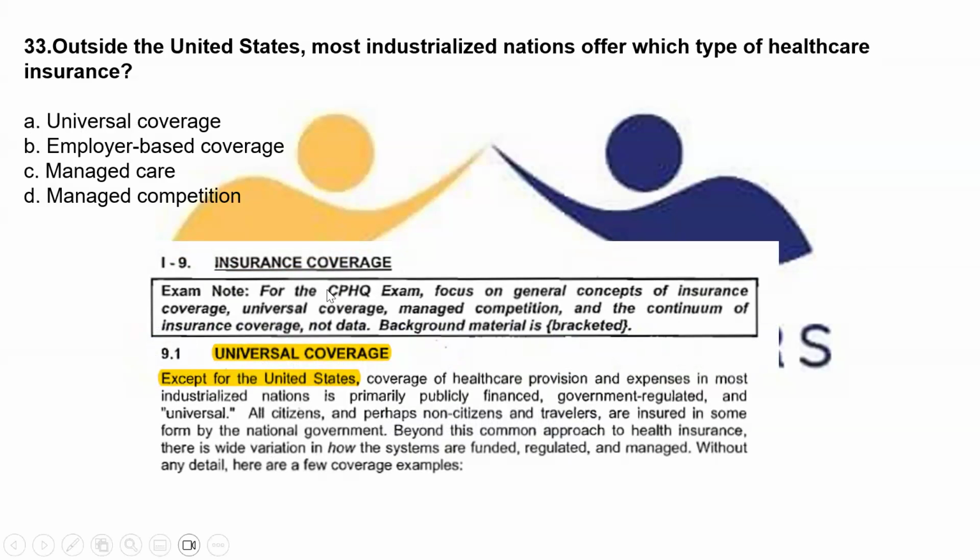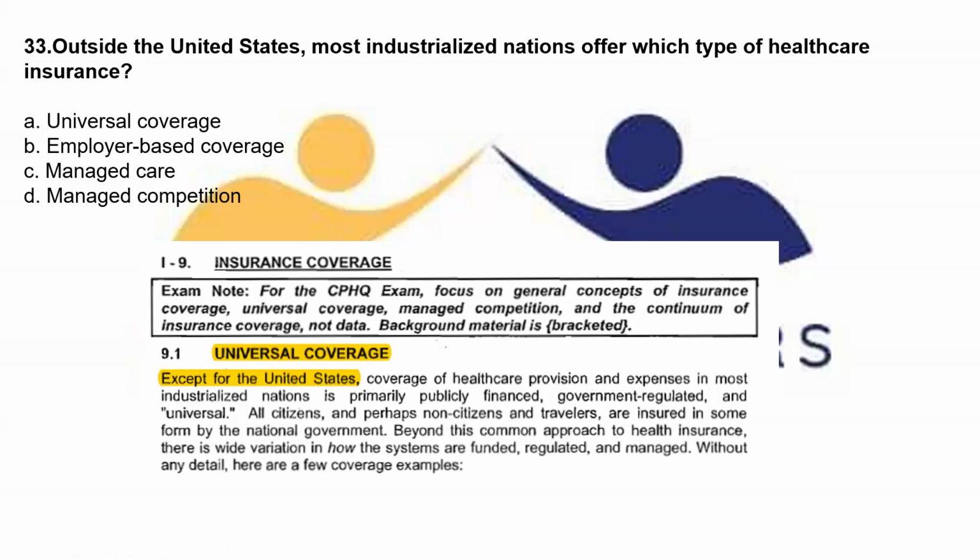So the rationale for this: most industrialized nations outside the US provide universal coverage, ensuring that all citizens have access to healthcare services, regardless of their employment status or financial situation. For letter B, this is a primary feature of the US healthcare system.